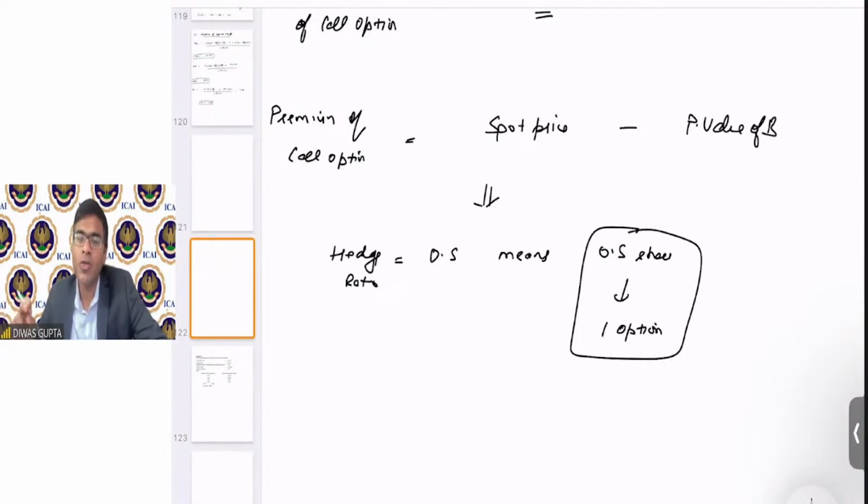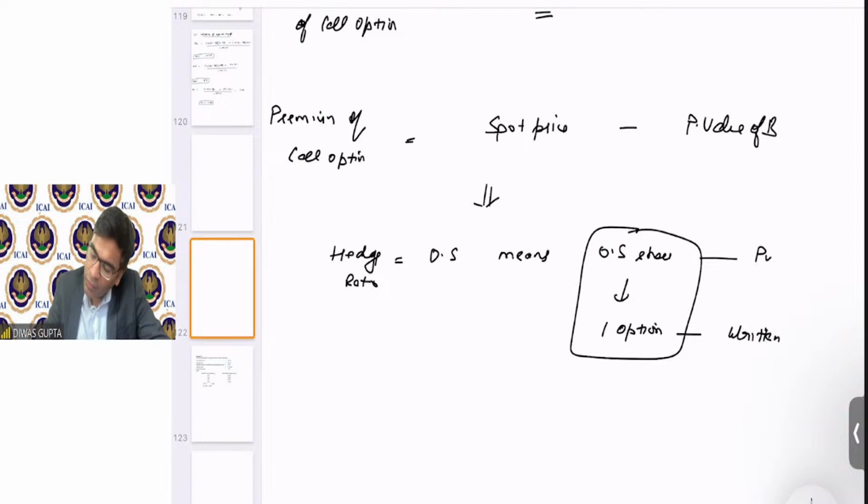Correct? Because option pricing is something different and is dependent on other factors. So what we discussed yesterday is that for arriving at that relationship, we have to calculate a hedge ratio. The hedge ratio will tell us how many shares to be bought and sold so that one option can be traded. So for one option to be written, how many shares I have to purchase, that is given by the hedge ratio.